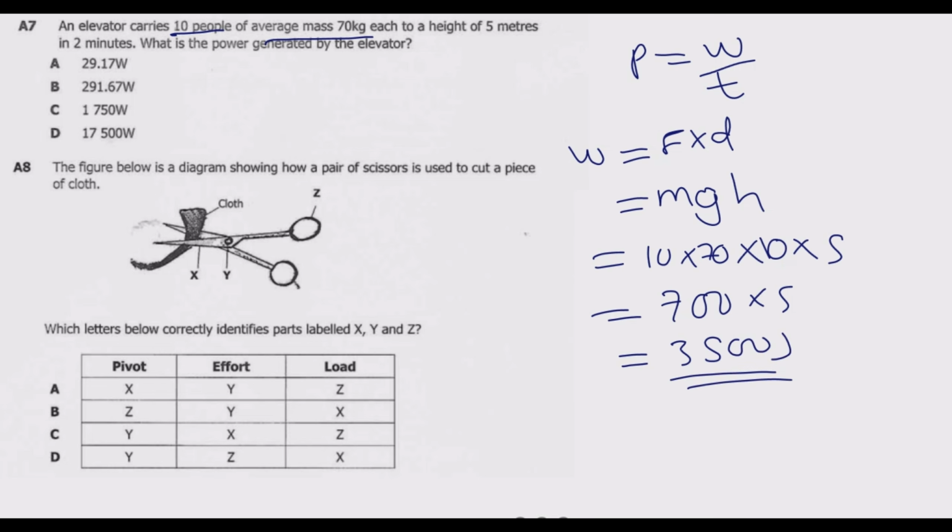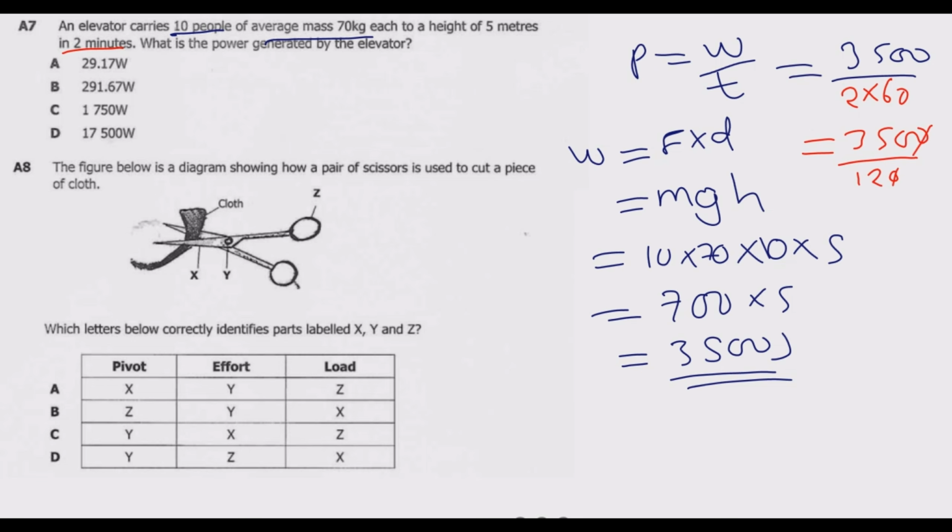So now, having found the work done, for us to find power, we just substitute here: 35,000 divided by time. Time in minutes is 2, times 60, because time is supposed to be in seconds. So you have 2 times 60 seconds, so you end up with 35,000 divided by 120.